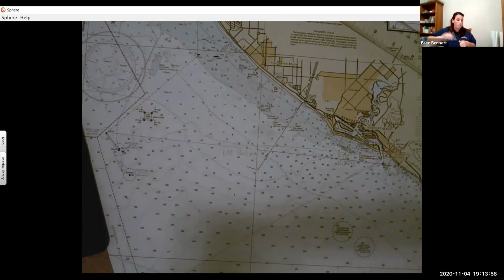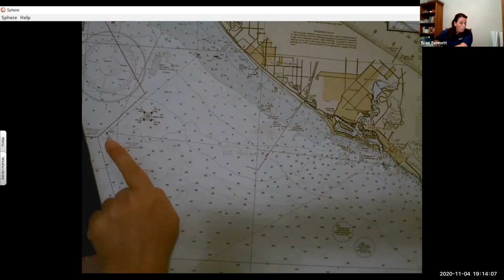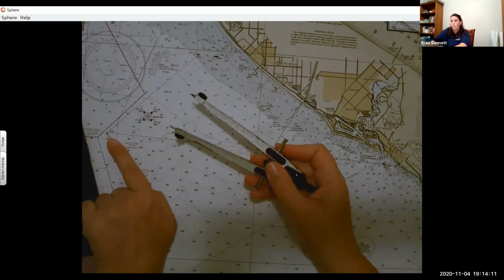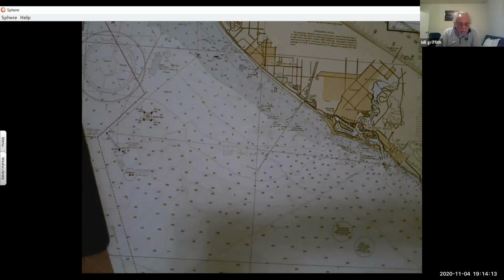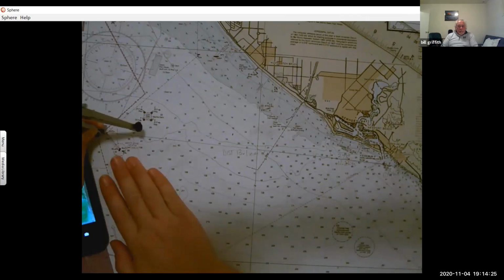So we have two ranges. Our range from Edith was 1.8. So I'm going to get on my compass here, 1.8. So here's Edith.